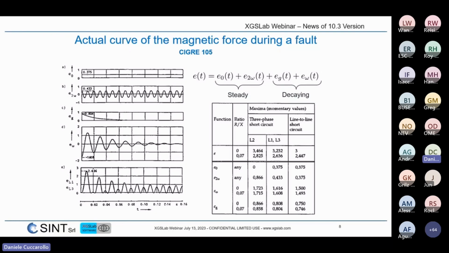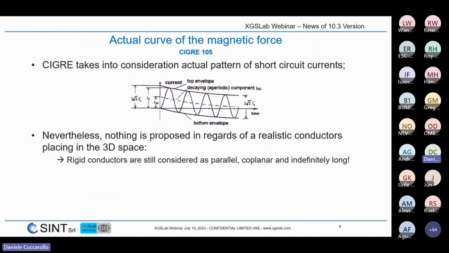This situation is due to the fact that when a fault is happening, the short circuit current has a non-sinusoidal shape, especially during the initial instance.